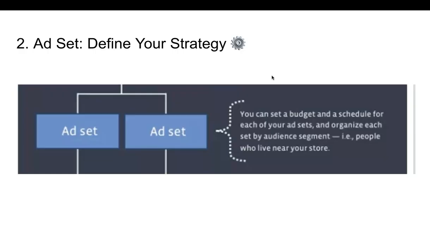You're able to figure out your budget, how much money you want to spend daily or lifetime. You're able to schedule when your ads are running, and you're also able to control your placements, which is where you want your ads to appear. Do you want them to appear on Facebook feed, Instagram story?